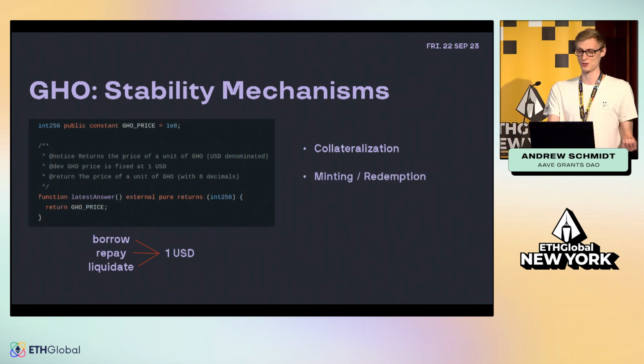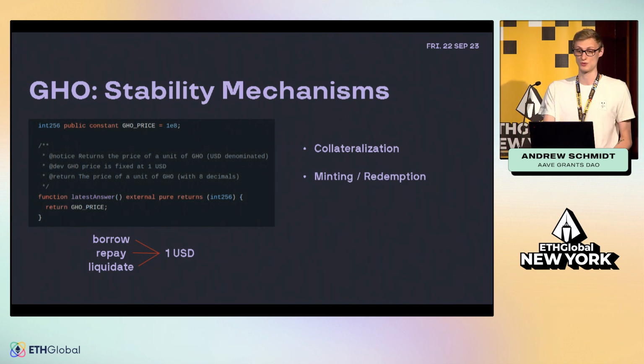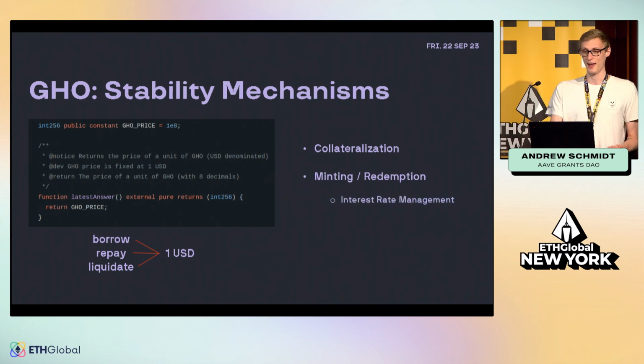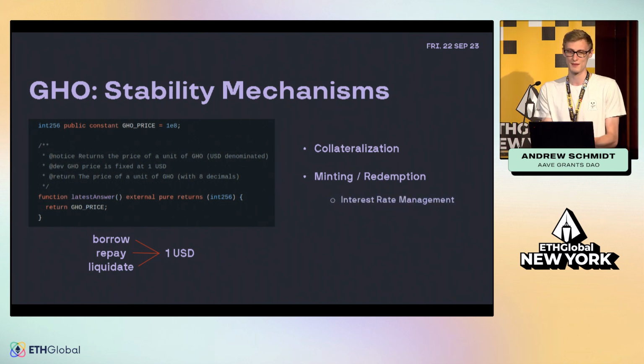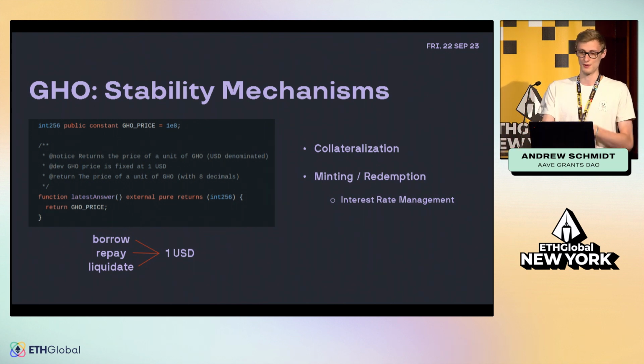The second is actually the price at which you're minting and redeeming Go. And this is not really a set mechanism, but there's a variety of ways that effectively the DAO can use to maintain this peg. And the first is interest rate management. So the idea that in order to set a certain target, the DAO can either raise or lower interest rates in order to incentivize minting or redemption.